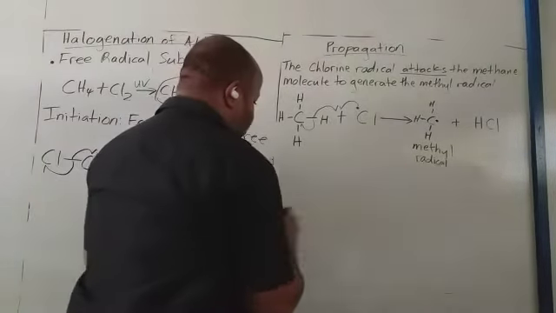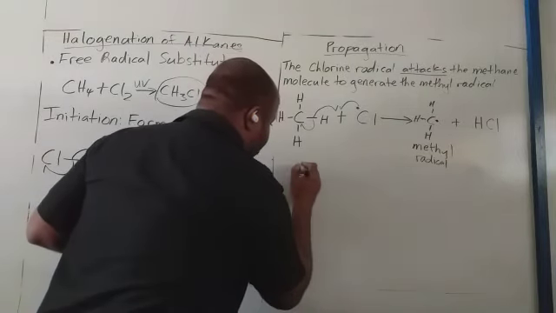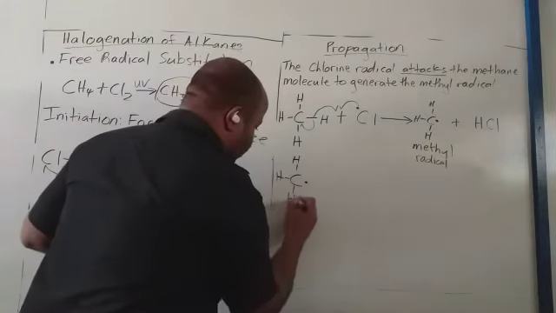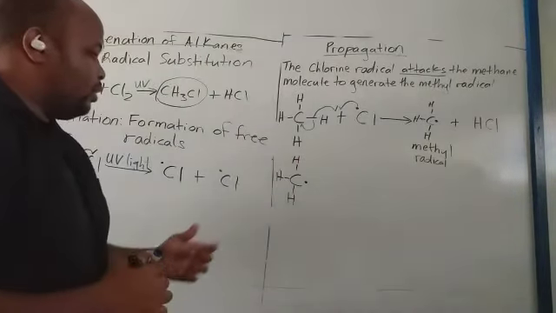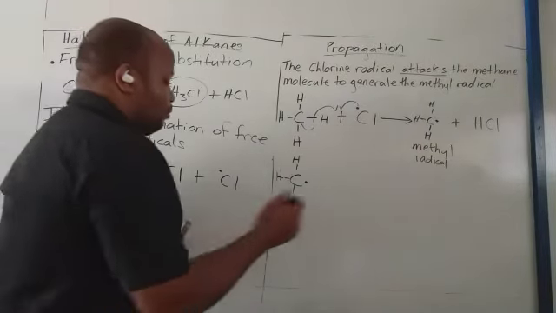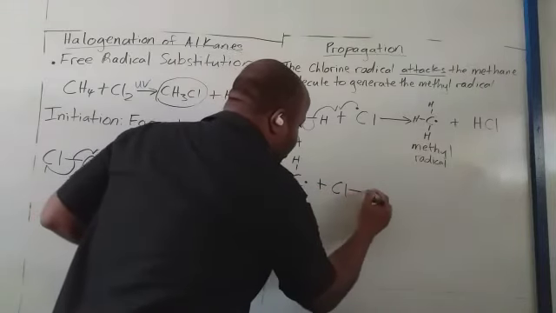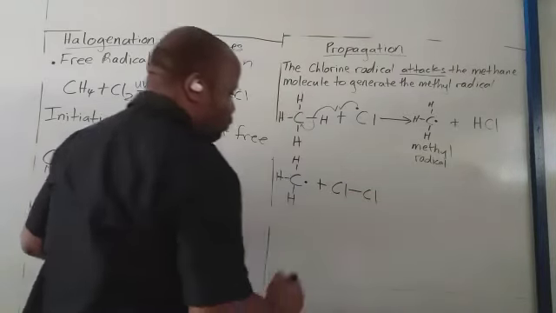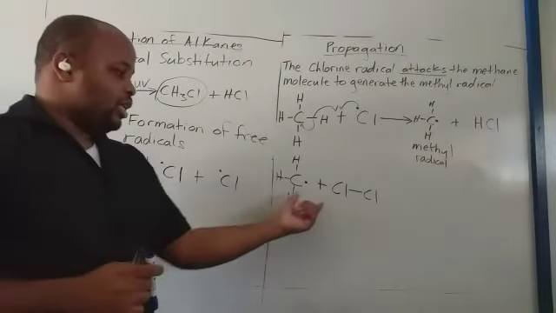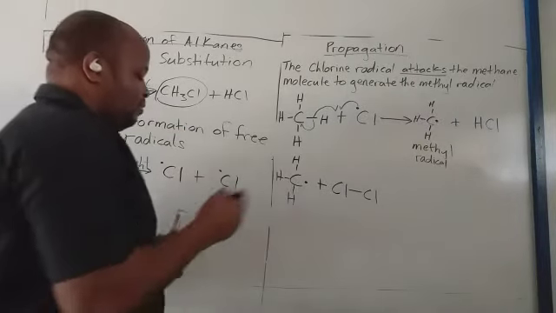So here now, we are going to use our methyl radical. Here we have the methyl radical, and it is going to attack a chlorine molecule. So the methyl radical is going to attack a next chlorine molecule.